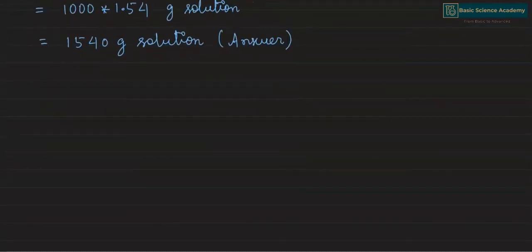Now let's move to part B. Part B asks to find the mass of HClO4 present in 1 liter of the solution.